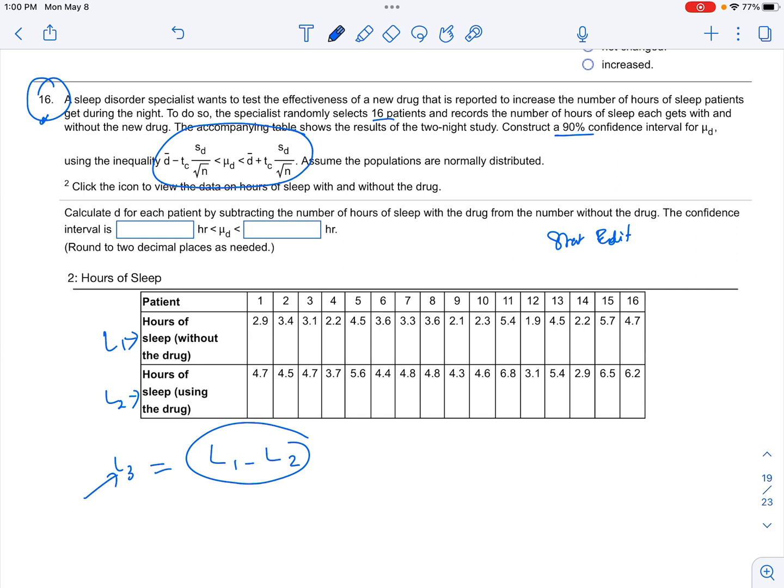Let's come back. In L2, we're going to go ahead and enter the second one, or the third row.